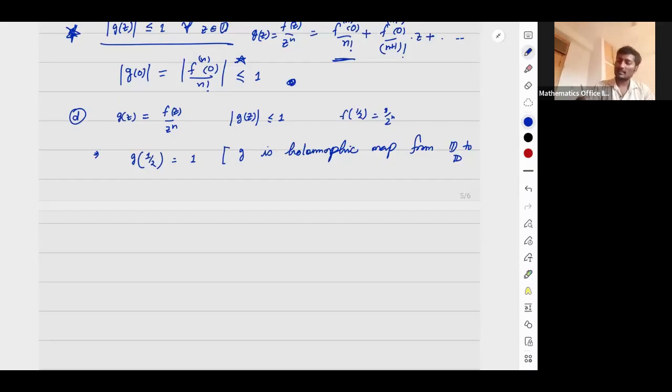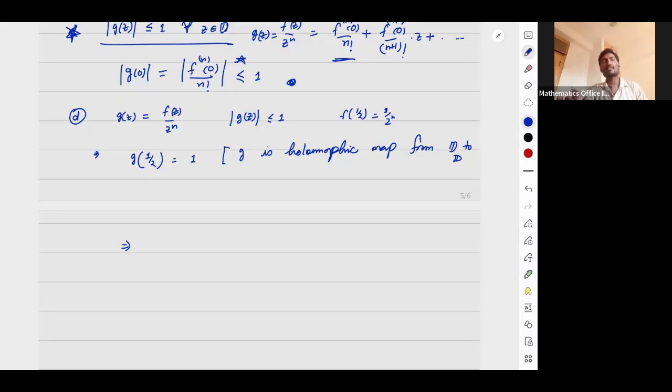What does this imply? The open mapping theorem tells what? Or the maximum modulus principle. Holomorphic functions are open maps if they are non-constant, of course.